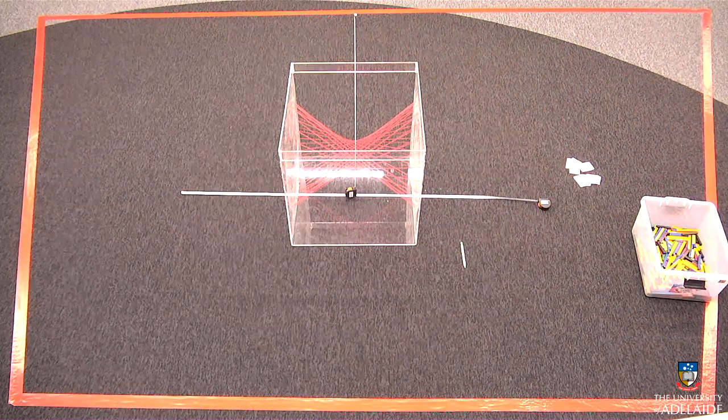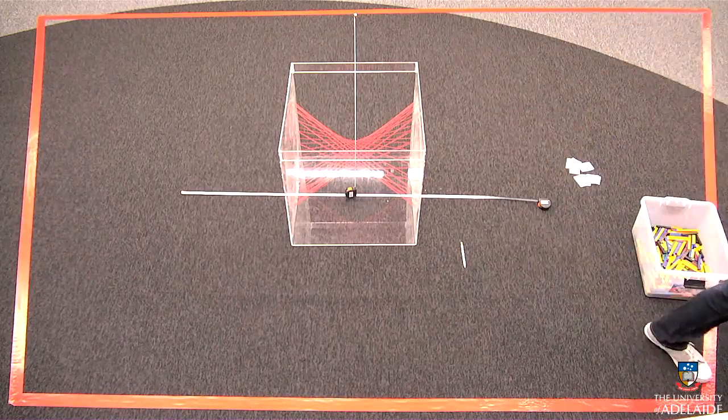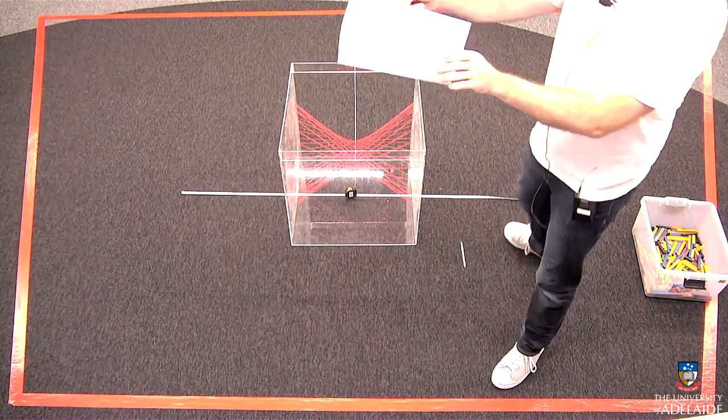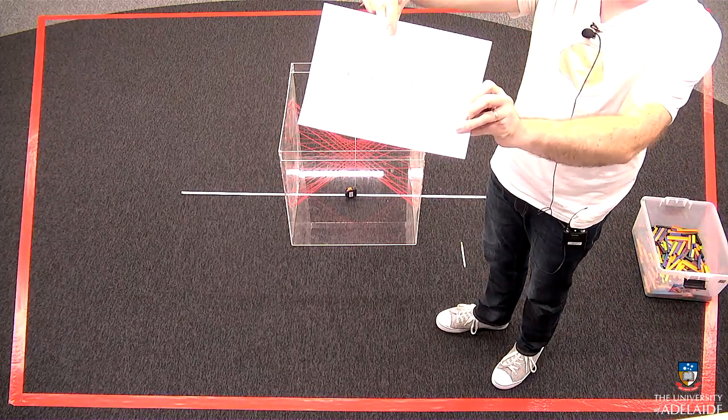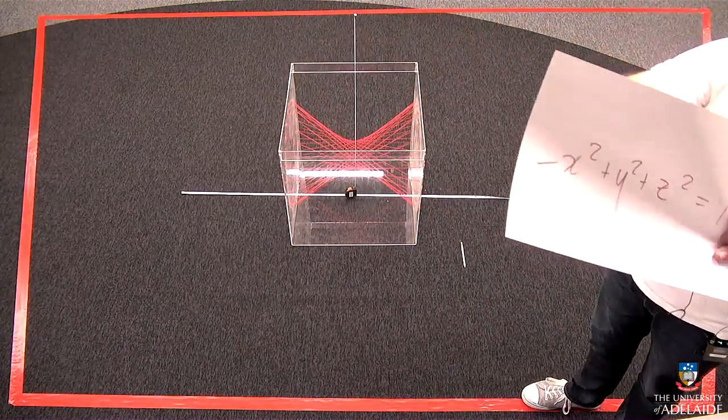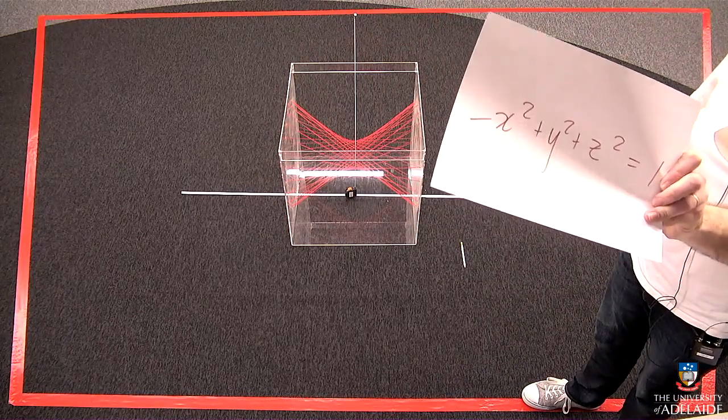And with that, this function has an equation something like this: minus x squared plus y squared plus z squared equals 1.